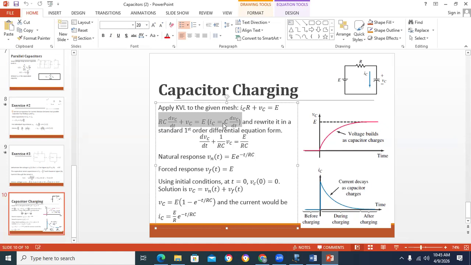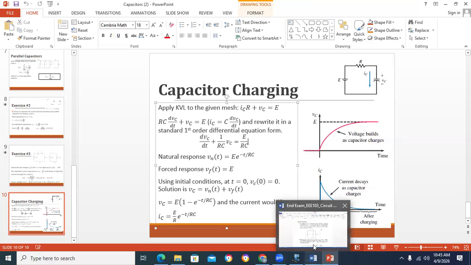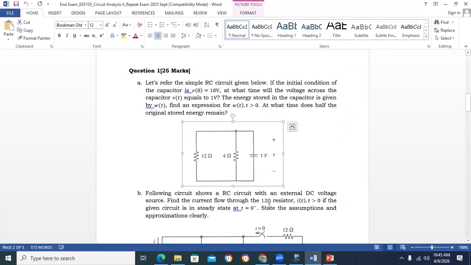So this differential equation, we get it when the voltage source is there. Okay. I think you can understand this differential equation, no? This differential equation you should be able to get. Okay. So try to get this one for this one.